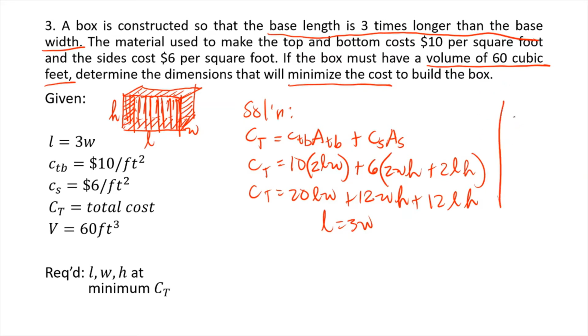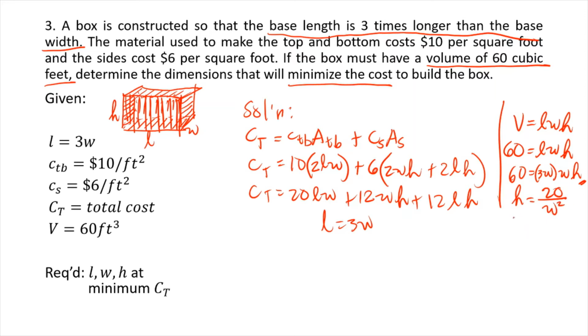Volume for rectangular solids is L, W, and H. Plug in the value for the volume, 60 cubic feet. Then we have L, W, and H. Again, we know that L is 3W. Then we have W times H. This is equal to 60. We can isolate H. Isolating H, we get 20 over W squared, right?